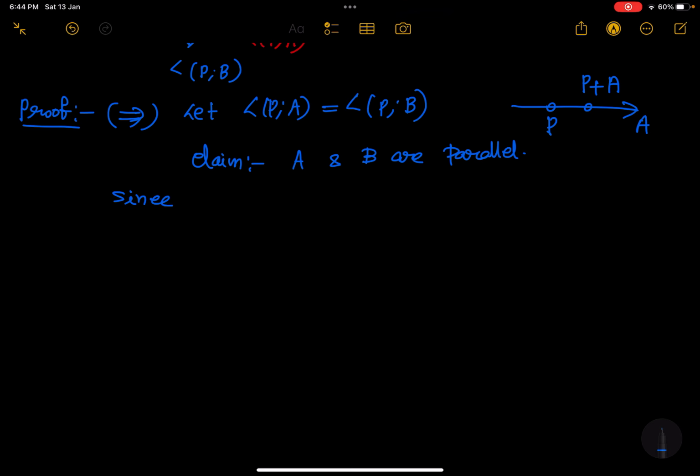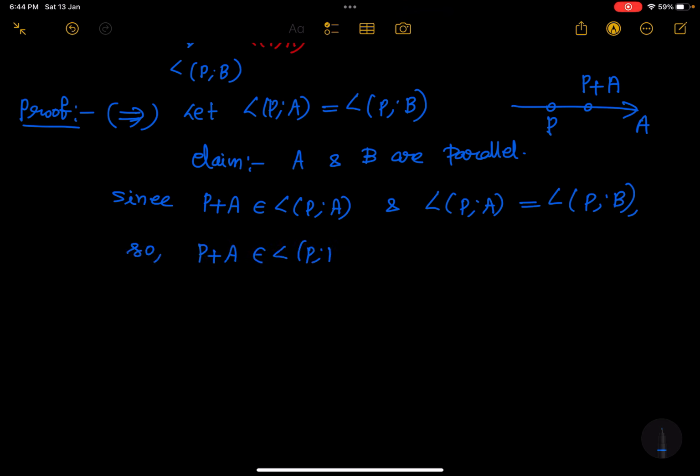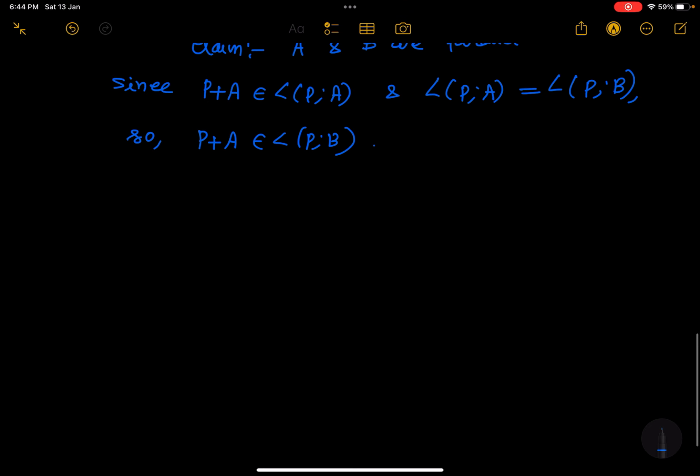Since P plus A belongs to L of P comma A, and this L of P comma A is nothing but L of P comma B, P plus A also belongs to L of P comma B, right?